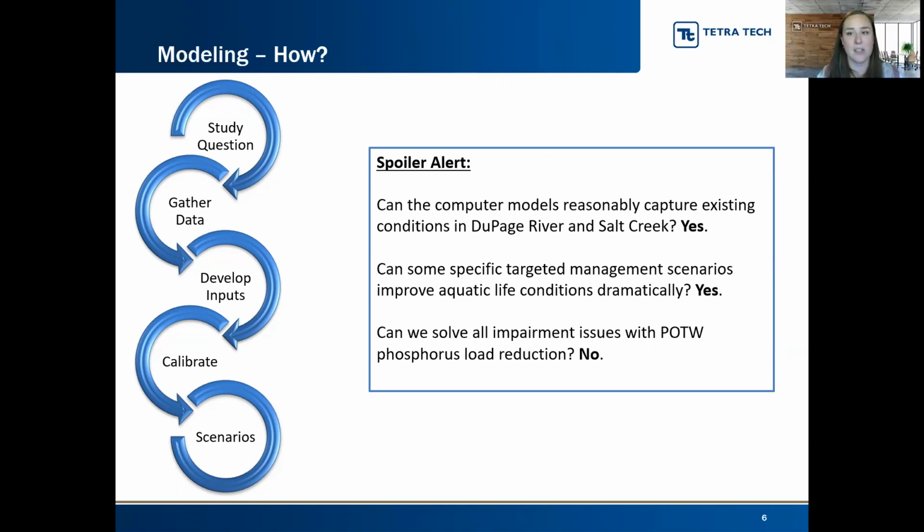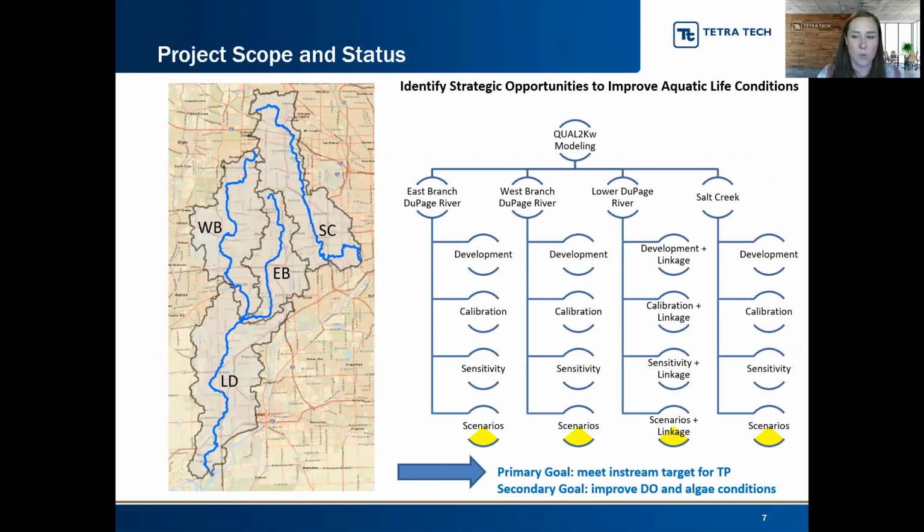So now to step into, this was sort of the overarching stuff, starting to get into some of the weeds. The scope and status of the project to date. Map here on the left, tree diagram on the right, for the project goal being to identify these strategic opportunities to improve aquatic life conditions.